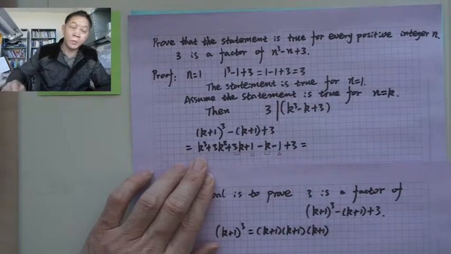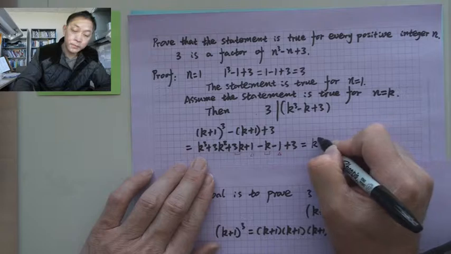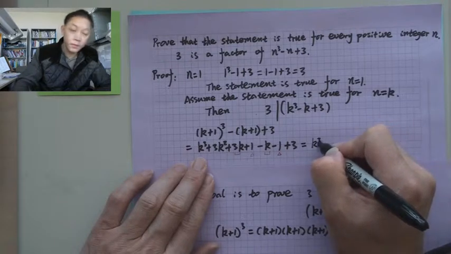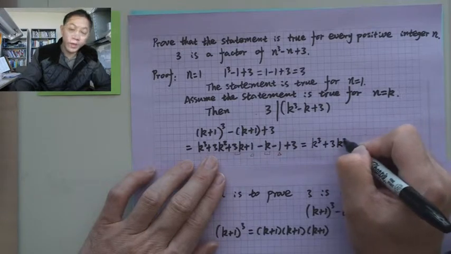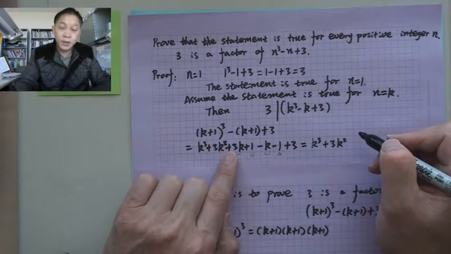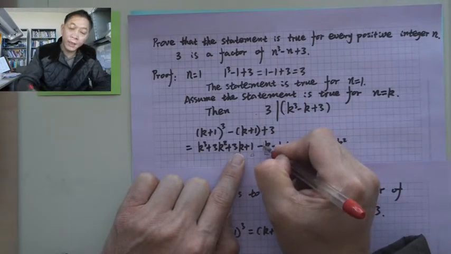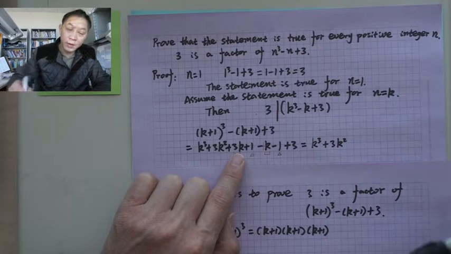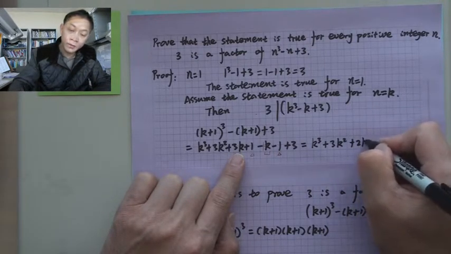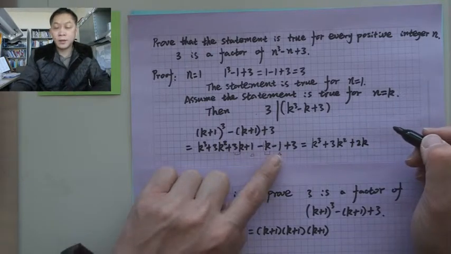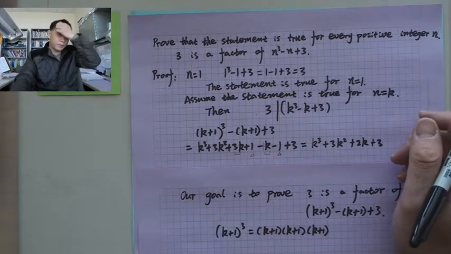Now let me write k cubed plus 3k squared. 3k minus k is actually 2k. Plus and minus cancel. So you have a 3.